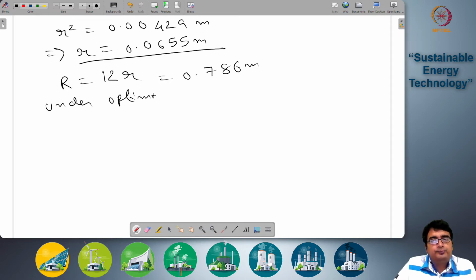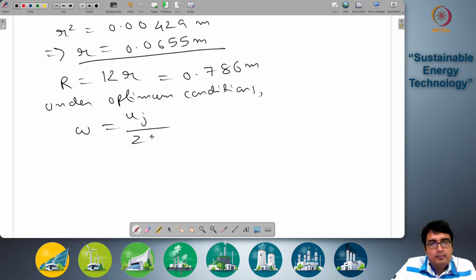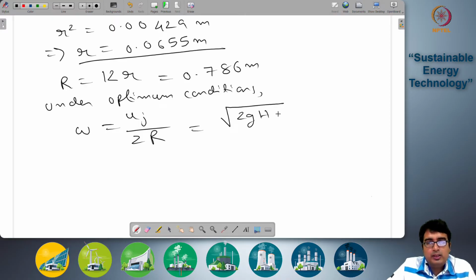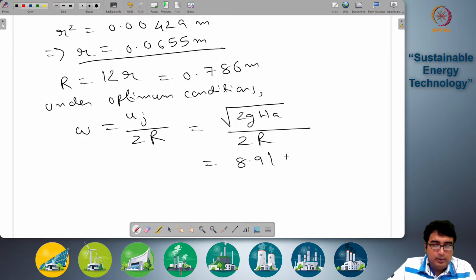Okay, under optimum conditions, the rotational velocity omega is the jet velocity by twice capital R, as we discussed earlier, right? So this is equal to root over 2GHA by twice R, which equals 8.91 radians per second.